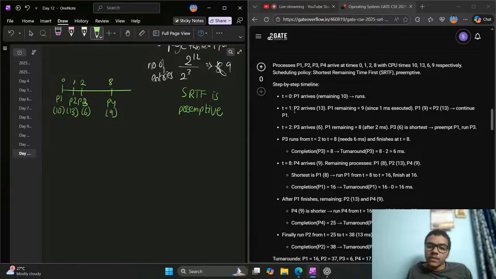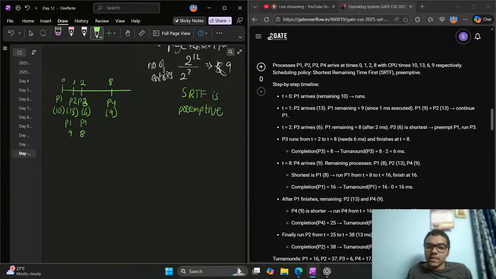At time 1, P2 arrives. By this time, P1 has 9 milliseconds left since 1 millisecond is executed. So it will continue. At time 2, P3 arrives. By this time, P1 will have 10 minus 2, that is 8, and P2 still has 13.